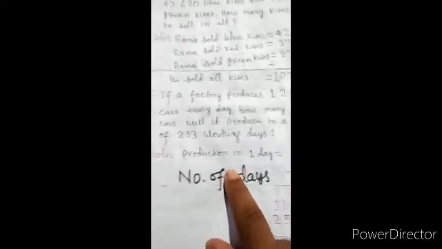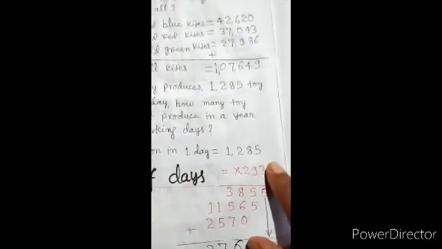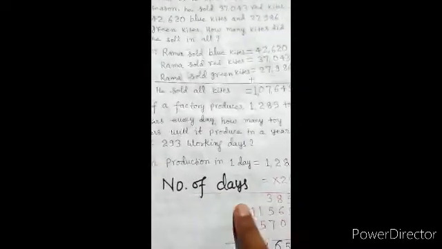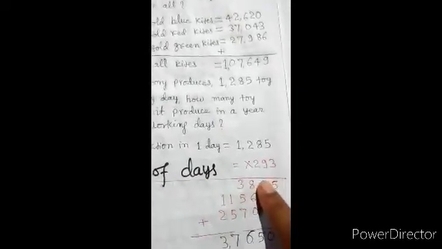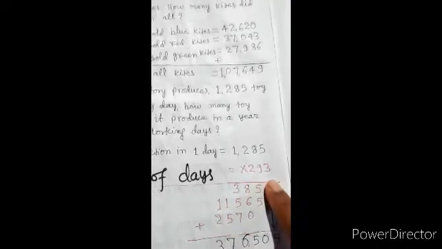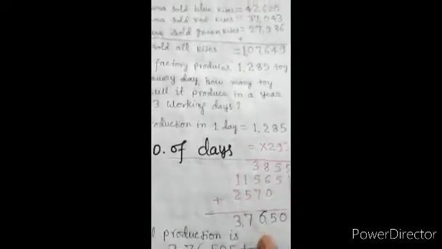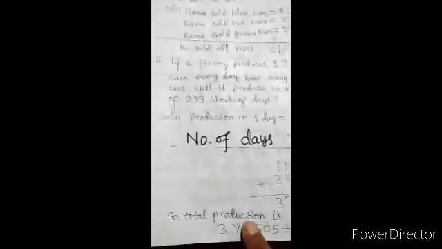We can write like this: production in 1 day is equal to 1285, and total number of days, that is 293. Now multiply this number, and finally we get like this.